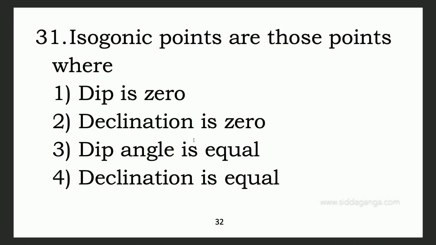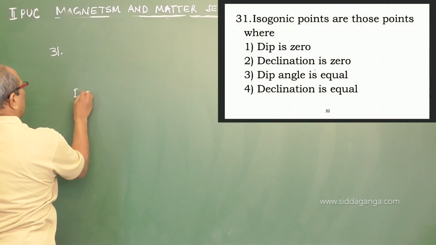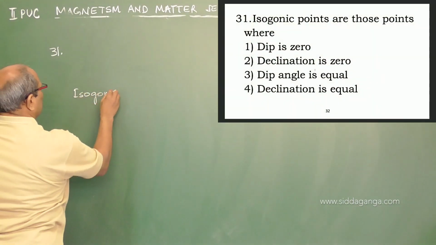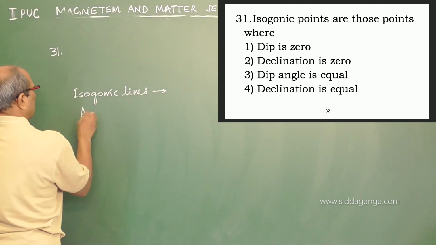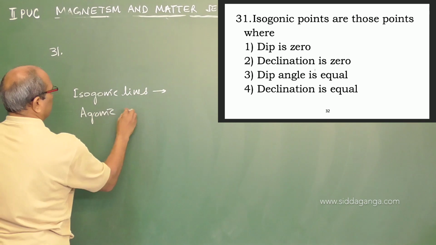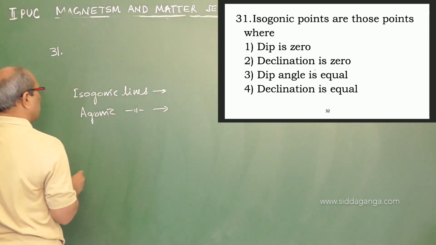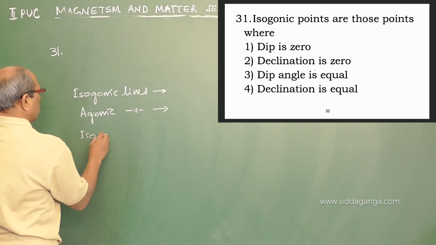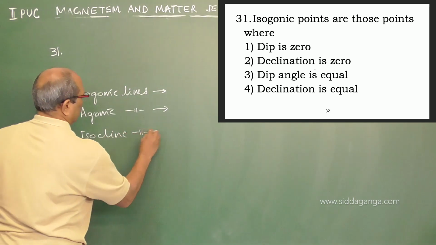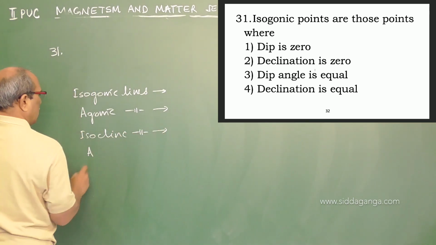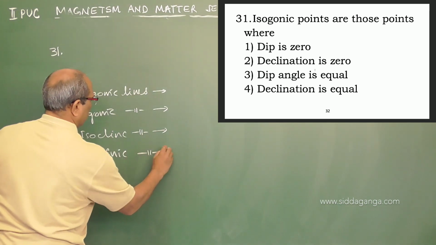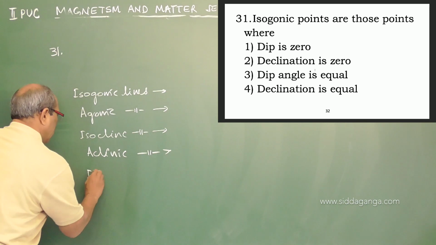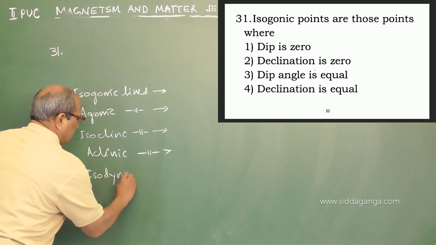Coming to the next. Isogonic points are those points where, see one thing, isogonic lines and agonic lines, the two categories. Similarly, isoclinic lines, aclinic lines, and isodynamic lines.